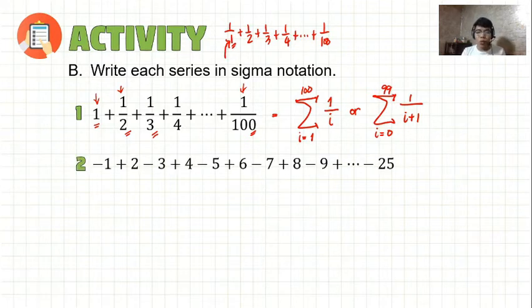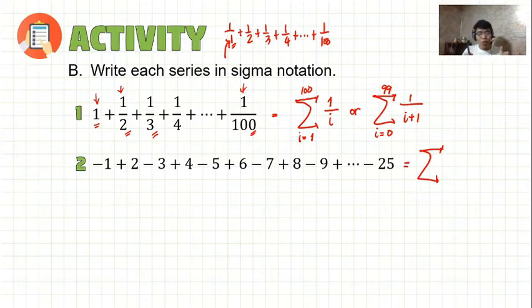For number 2, we have negative 1 plus 2 minus 3 plus 4 minus 5 plus 6 minus 7 plus 8 minus 10 until minus 25. So how are we going to write this one in sigma notation form? Observe that the numbers are increasing, right?